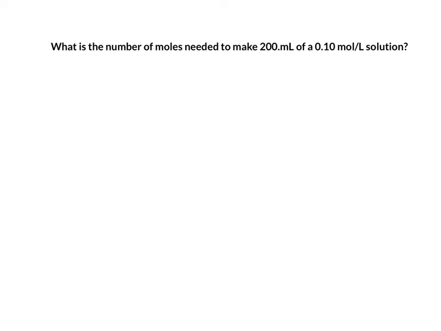Next example: what's the number of moles needed to make 200 milliliters of a 0.10 mole per liter solution? So now, let's identify what we know. We want moles. We've got volume, but we have to change it to liters. And we have moles per liter, so we have concentration.